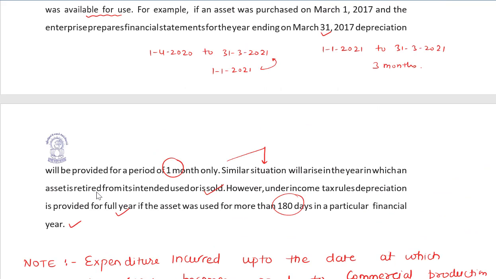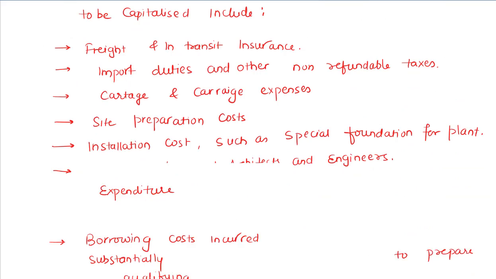Then we learnt to calculate depreciation as per the proportionate method. Supposing we have used the machinery for 3 months only, purchased from 1st January 2021, with the year close on 31st March 2021, we calculate and charge depreciation for 3 months only.